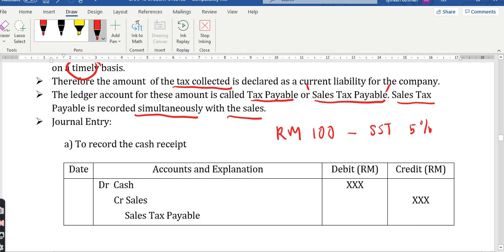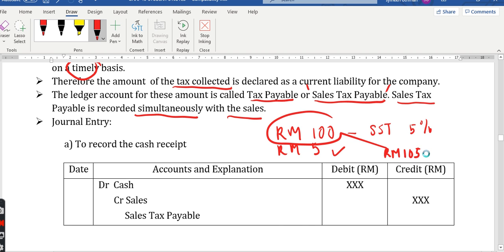So 5% of 100 ringgit is 5 ringgit. This amount will be included together with the price of the goods. So as a customer, I will be paying 105 ringgit when I buy the item.